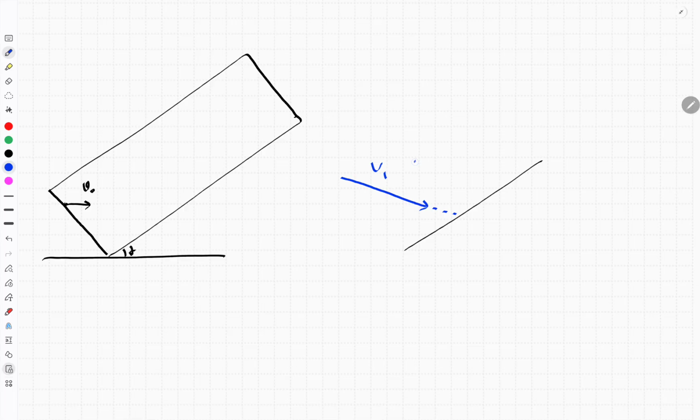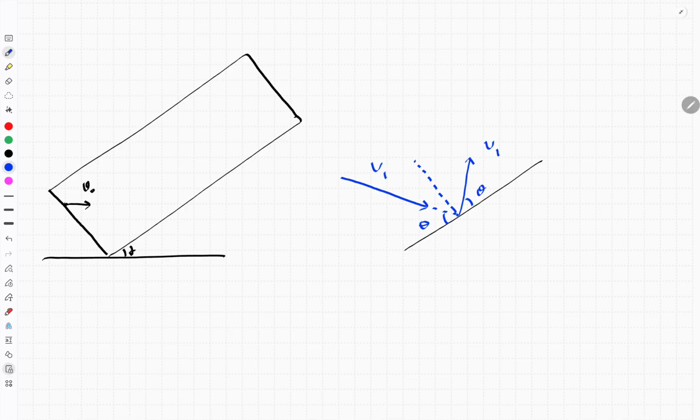So we know that this angle will be equal to this angle, incident angle equal to reflected angle. So the speed will be the same, but the directions different. This is the meaning of elastic collision.